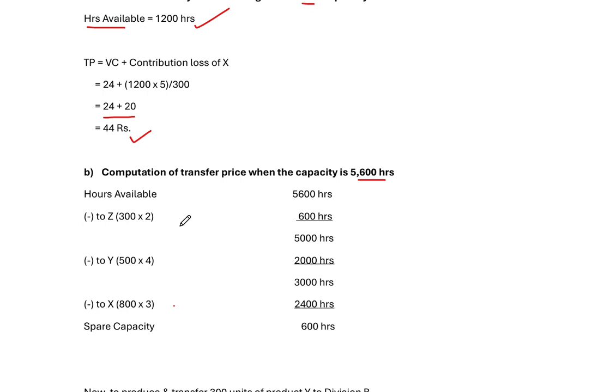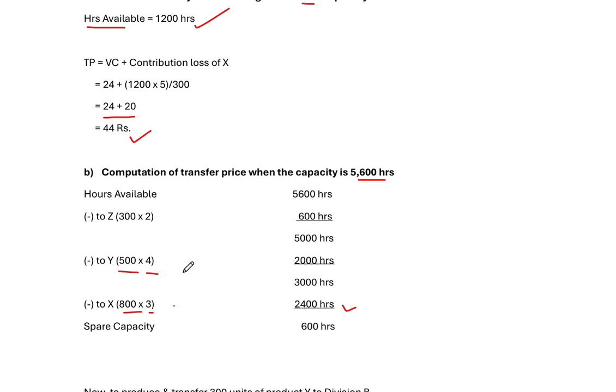So for product X, maximum demand is 800 units and labor hours required is 3 per unit. So total hours required for product X is 2400 hours. For product Y, maximum demand is 500 units and labor hours required per unit is 4.